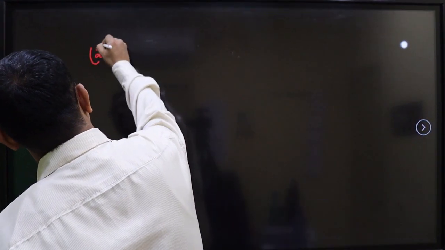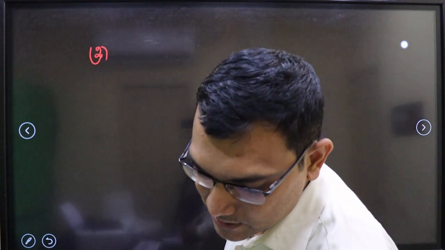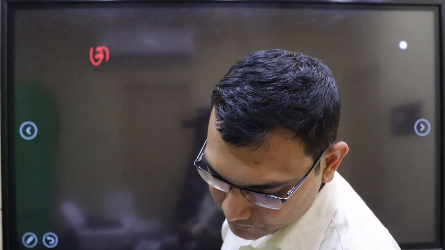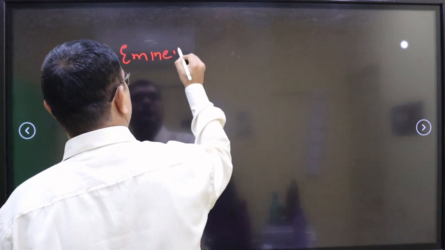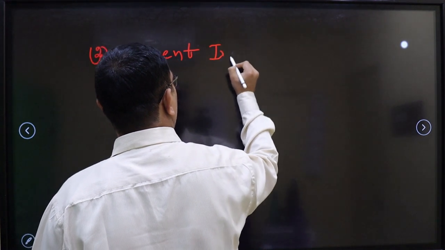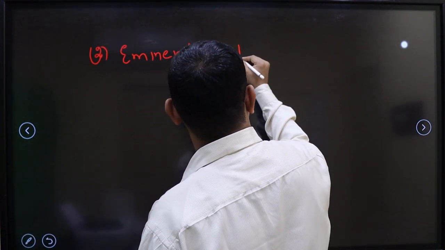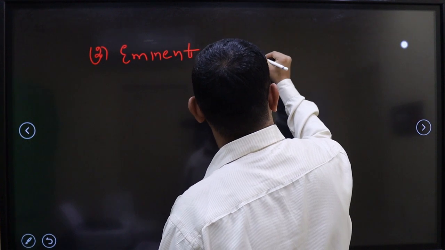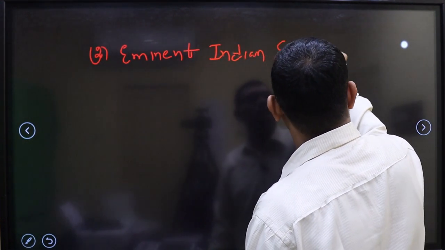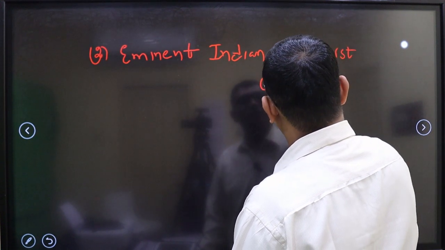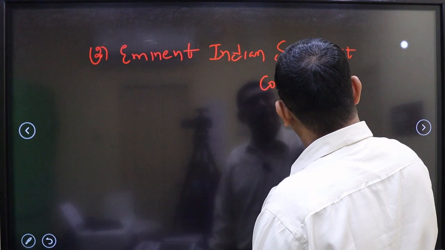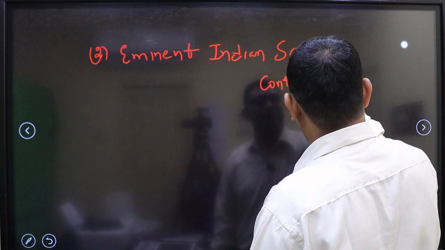Now the second one is about eminent Indian scientists' contribution. Here mainly the mains questions were asked so many times.